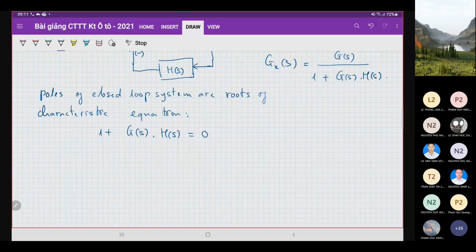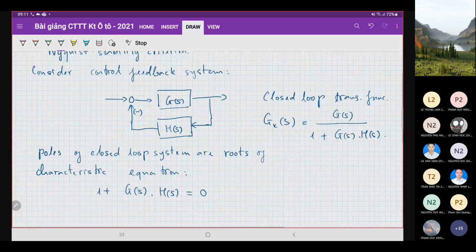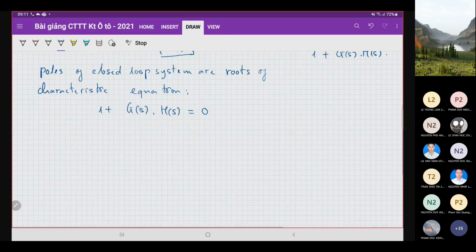In order to analyze the stability of this system, we draw a Nyquist curve.